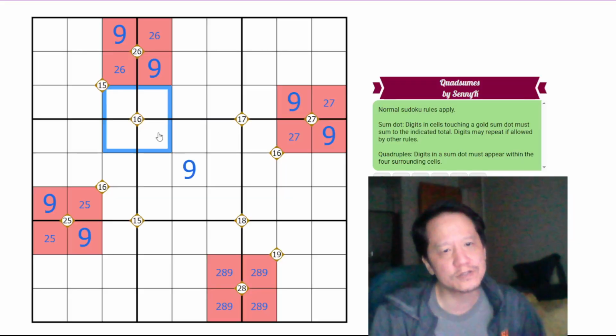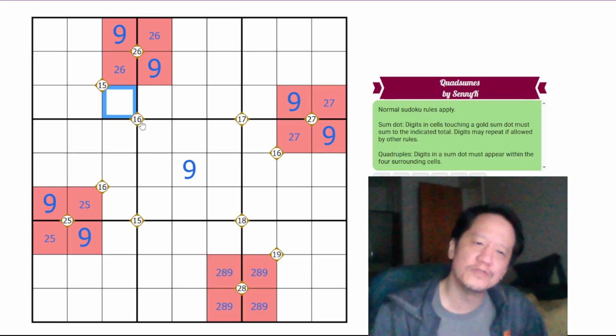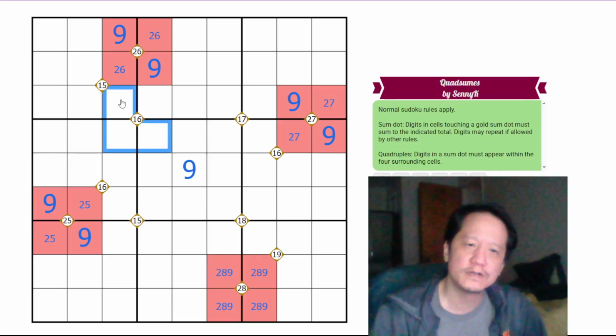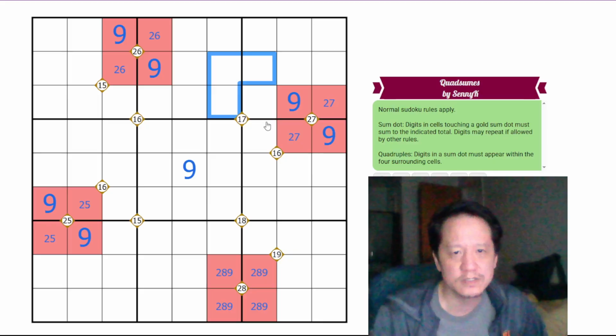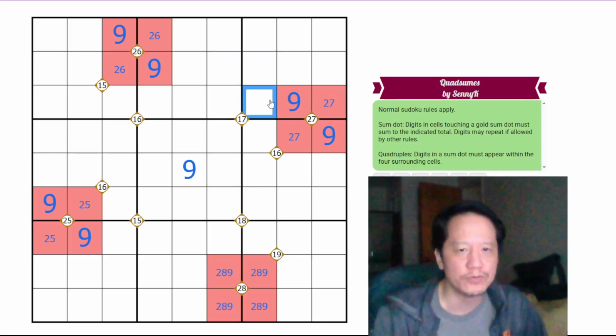I think the answer to that... Oh, it could be. If you have 1 on the other side, right? It doesn't work if the cells surrounding the sum dot are all in the same box. But if you go across box lines or region lines, then you could have 2 1s, right? But you cannot have 8.